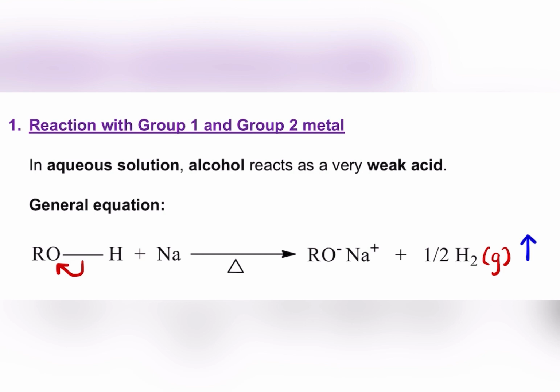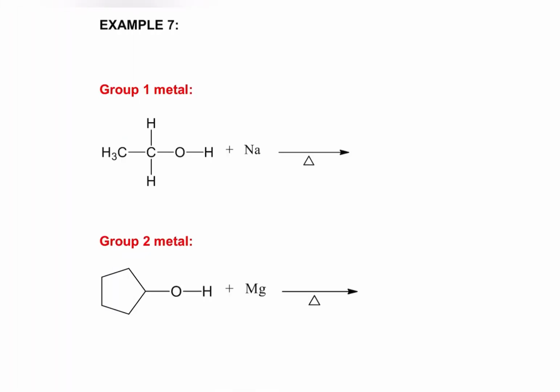Let's try example 7. Here I have my reaction. The alcohol, ethanol, reacts with sodium. What will happen here is we are going to do the heterolytic cleavage. My bond breaking is going to break here. What's next? I'm going to copy back my structure as it is without hydrogen.